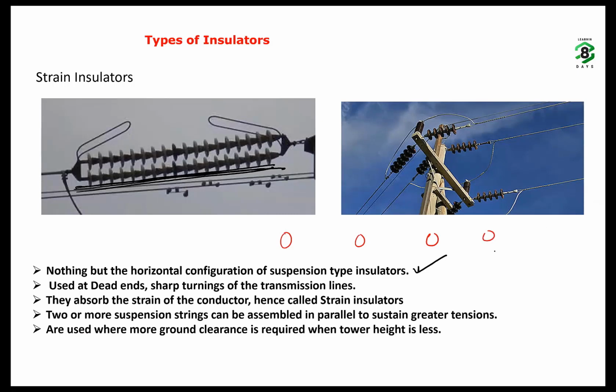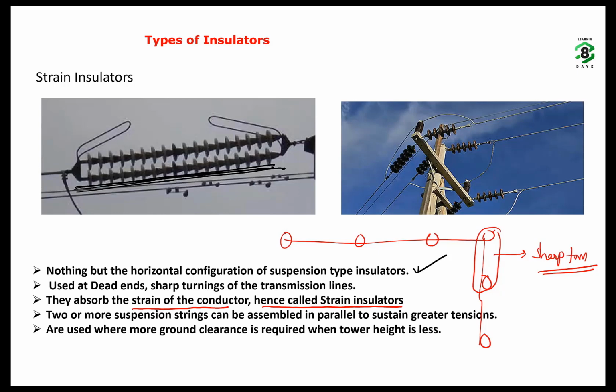Suddenly there is no way, we have to change the path of the transmission line. Then this is a sharp turn here. So when there is a sharp turn, dead end, we require more ground clearance. So we use the strain insulators. Since they absorb the strain of the conductor, they are called strain insulators. Okay.